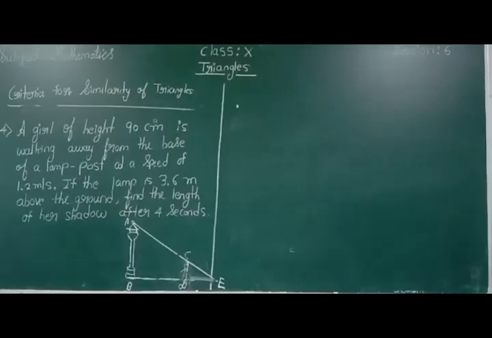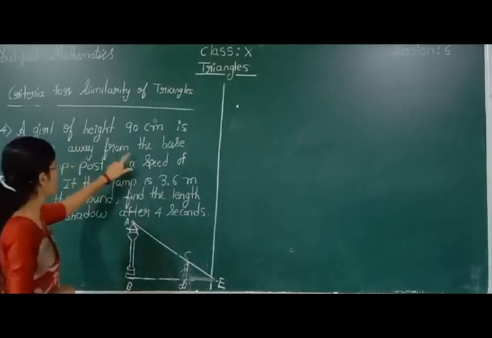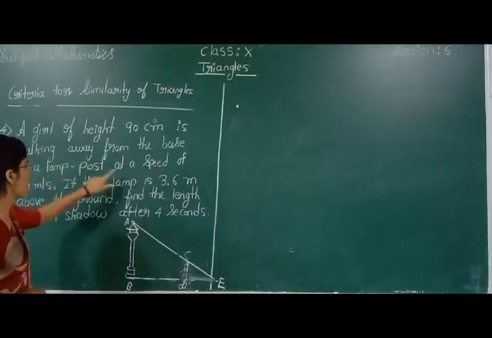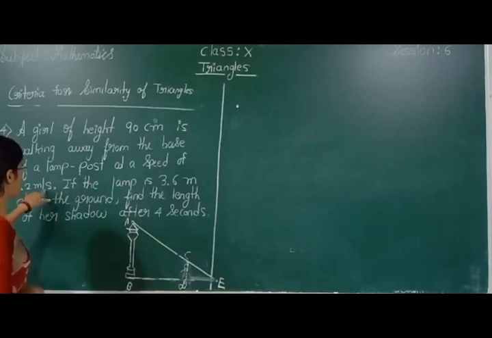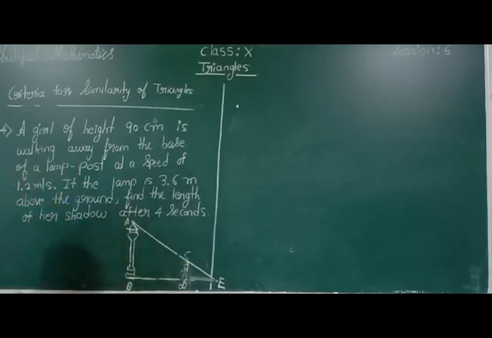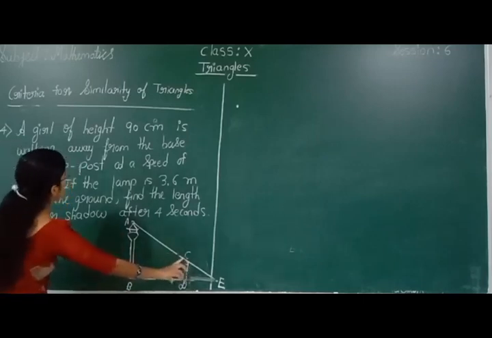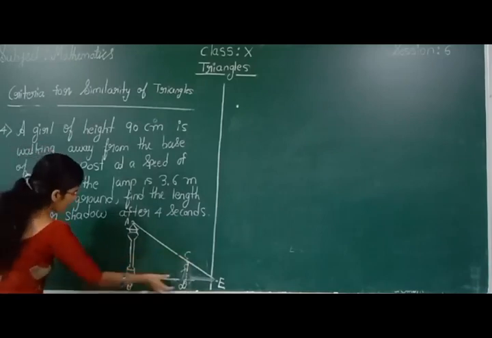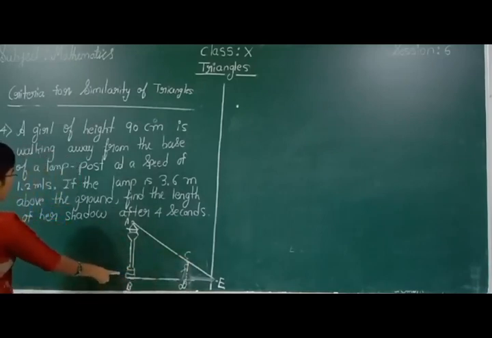So see student, a girl of height 90 cm is walking away from the base of a lamp post at a speed of 1.2 meter per second.